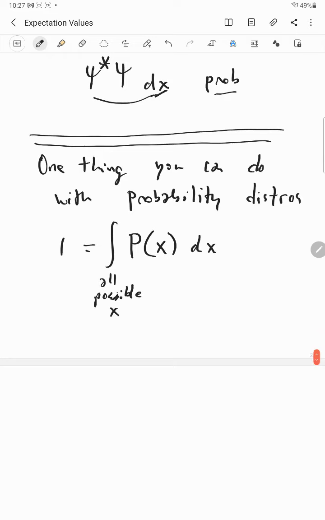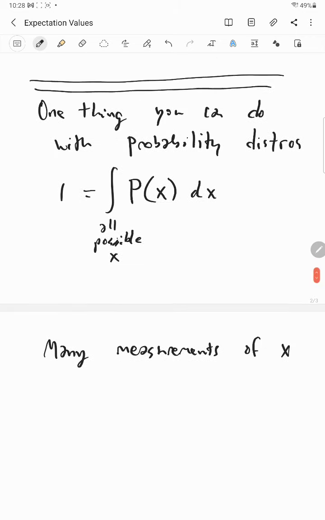So the way I can use this, though, is I can say, well, I wonder, if I was to do many measurements of x, and by that I mean millions and millions of separate measurements of x, what the average value of x is.